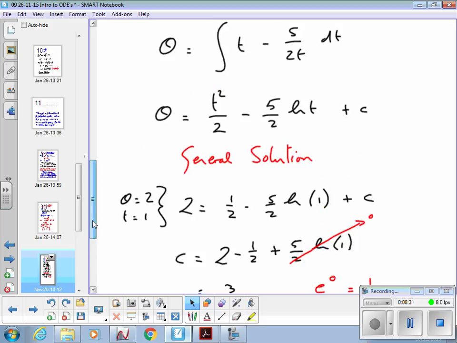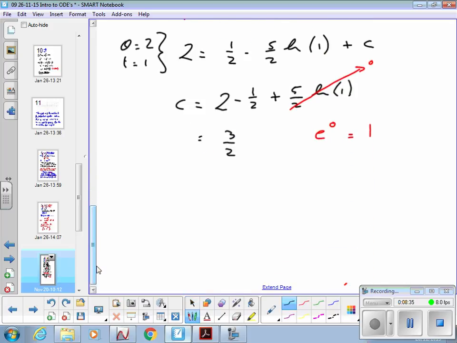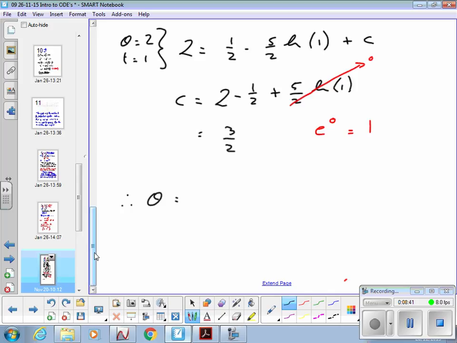Okay, so there's our value for c, so we can now write down what the particular solution is. So therefore theta equals t squared over 2 minus 5 over 2 log t plus 3 over 2.